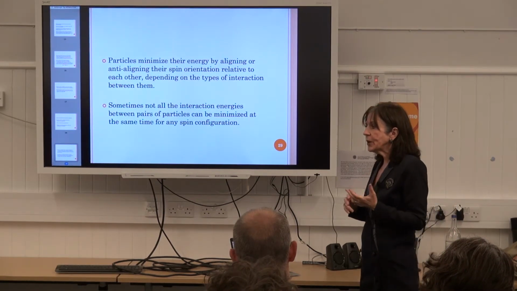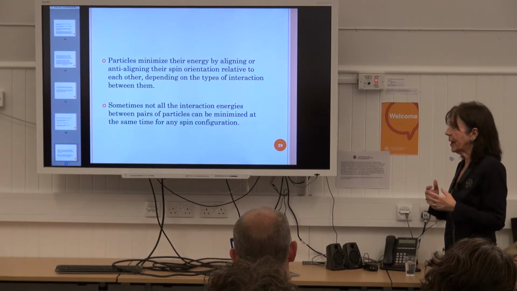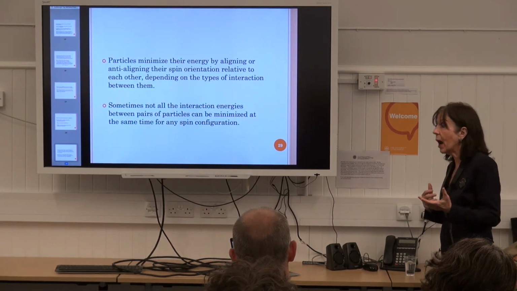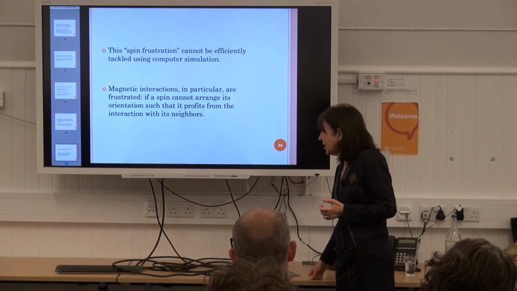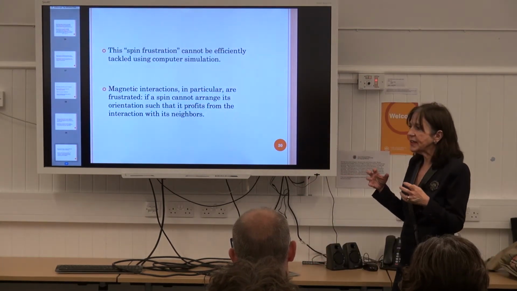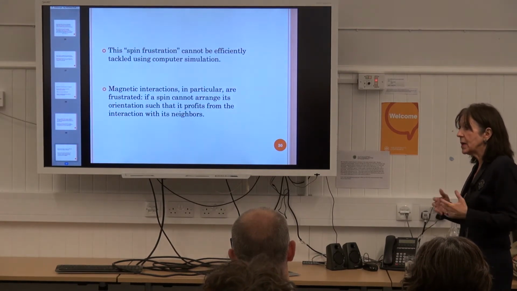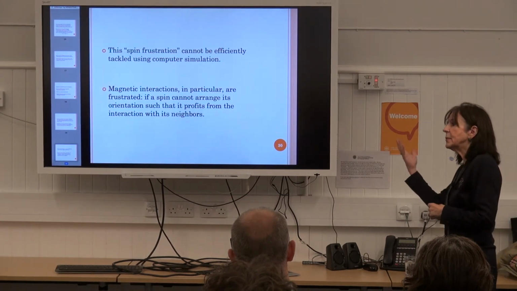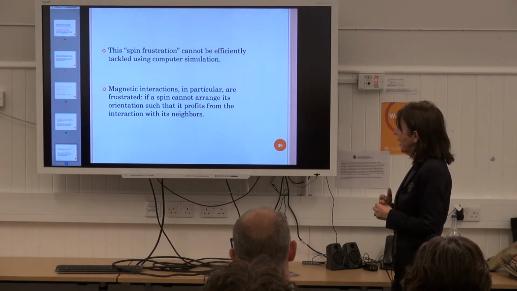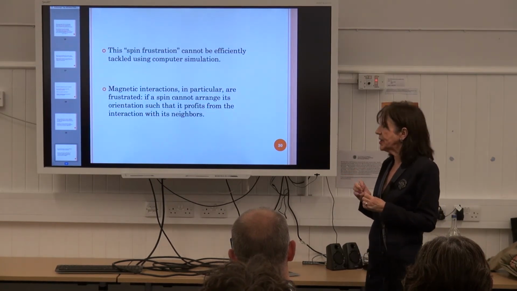But part of the problem is that very often not all the interaction energies between the pairs can be minimized at the same time in the same spin configuration. So this is a problem that's called spin frustration, and you can't really solve it using ordinary computer simulation. You can't simulate the model and hope to get the answer. It's particularly the magnetic interactions that are frustrated.